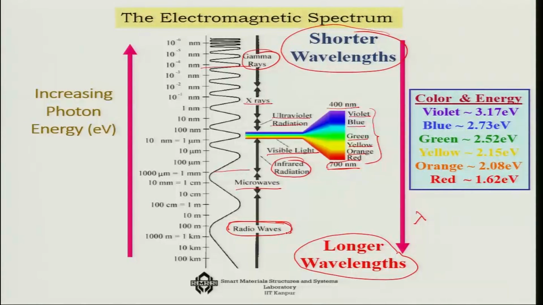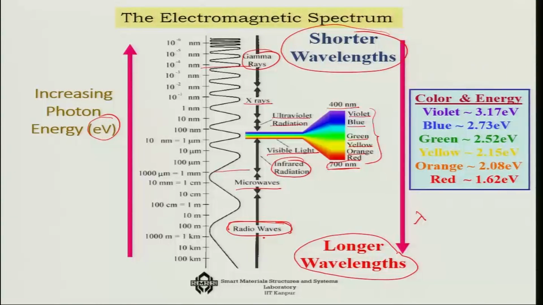What it means is that those which have the shorter wavelengths like the gamma rays have the highest energy in terms of electron volts, and then gradually as the wavelength increases, the energy reduces and the radio wave would have the lowest amount of energy.